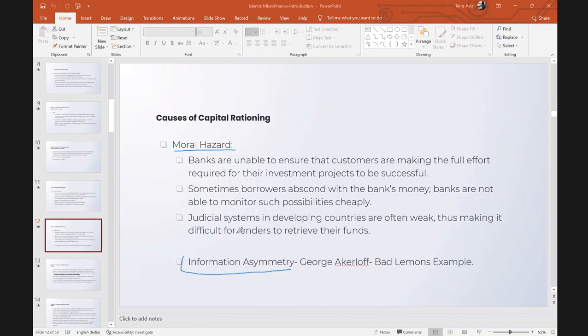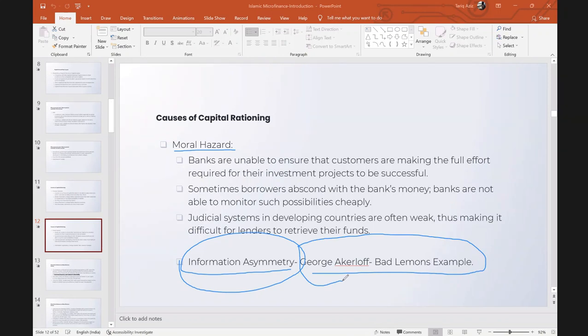And this happens because of information asymmetry also. Information asymmetry means the information set with the lender is different from the information with the borrower. This is also related to the bad lemons example of George Akerlof.